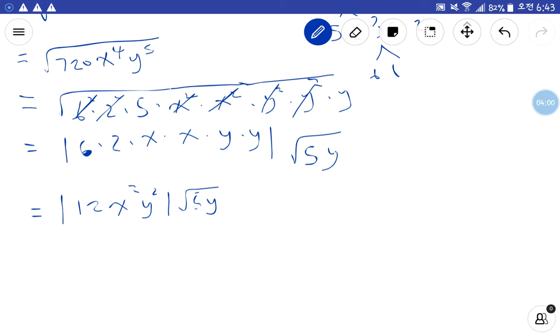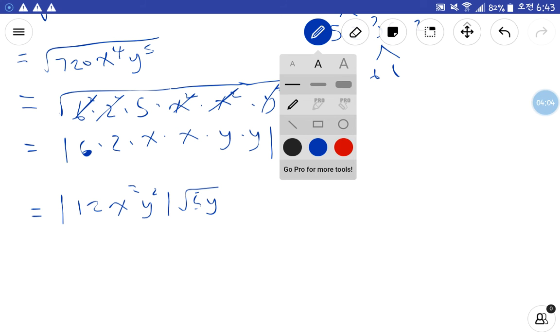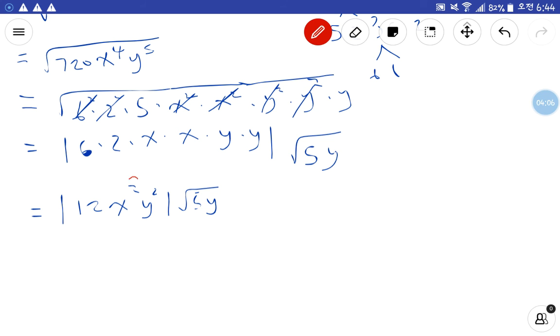Once we are having the absolute value around it, and my exponents are both even numbers, it doesn't matter whether x is positive or negative. Your answer x squared is always positive, and same as y. Because y squared, it doesn't matter if y is positive or negative. The answer y squared is always positive.